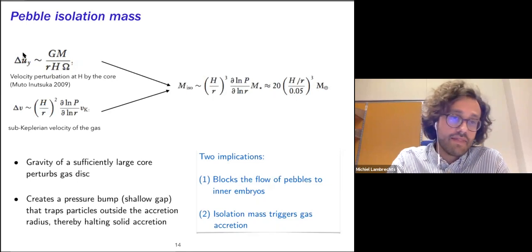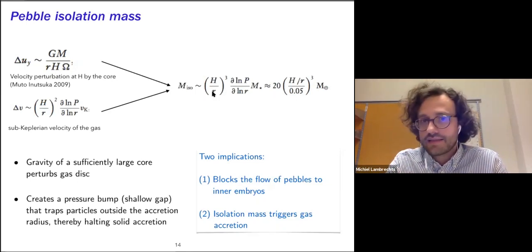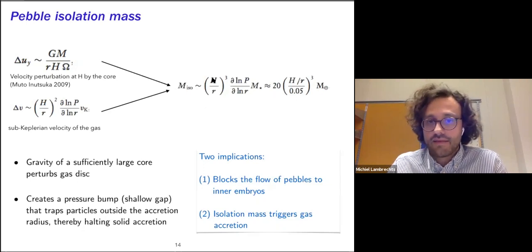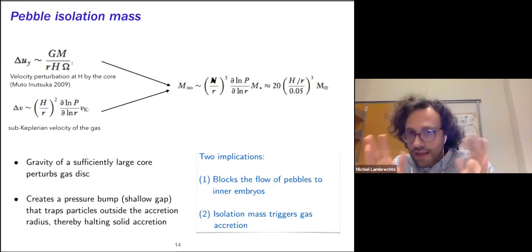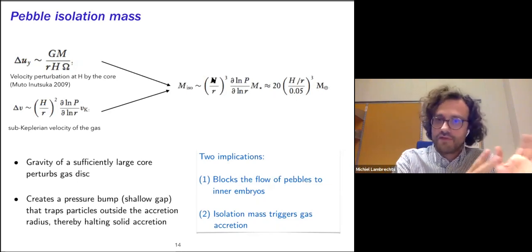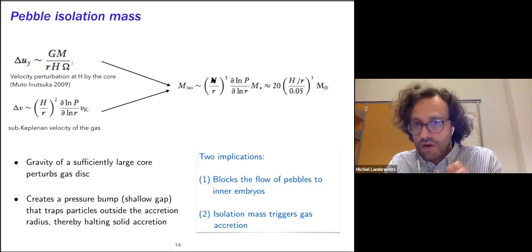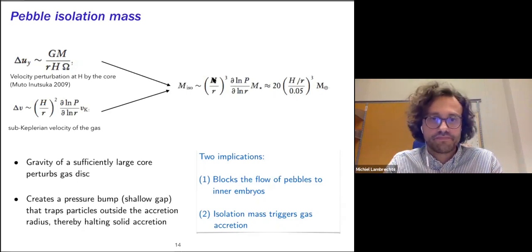And if you then equate those two velocities, you find that there's this isolation mass that is very dependent on the gas aspect ratio, but when you're at Jupiter-like 5 AU distances, it's probably somewhere around 20 Earth masses. In our case, for the inner disk, it's actually around 10 Earth masses. So that's the reason why bodies don't go larger.